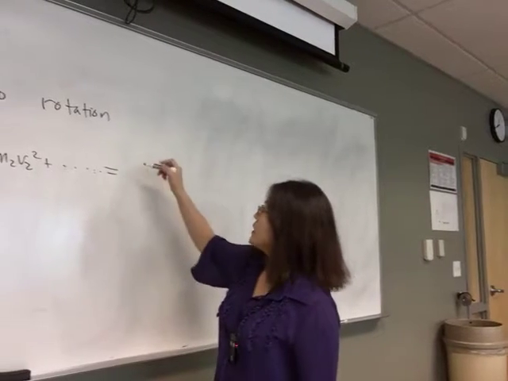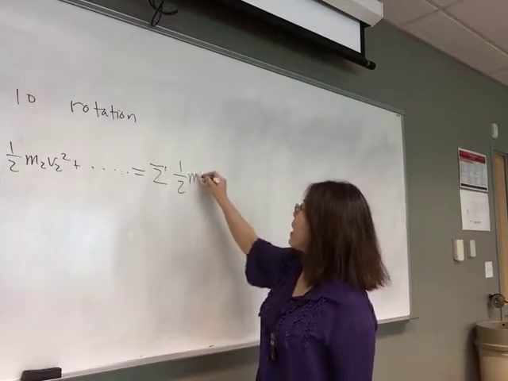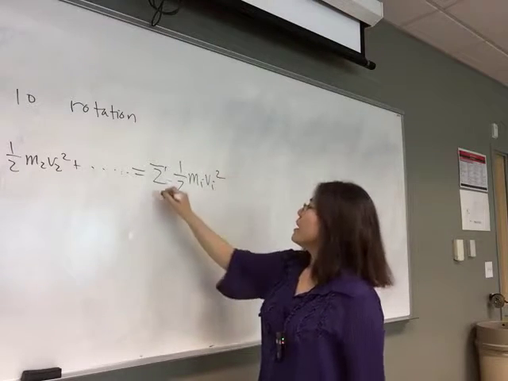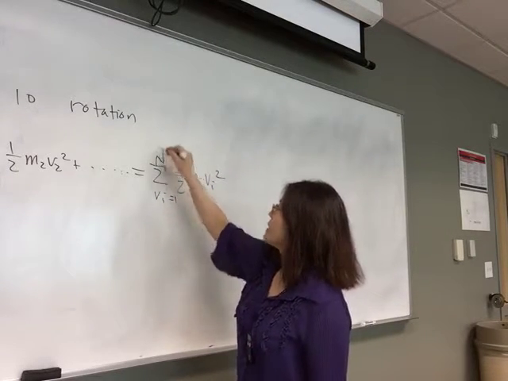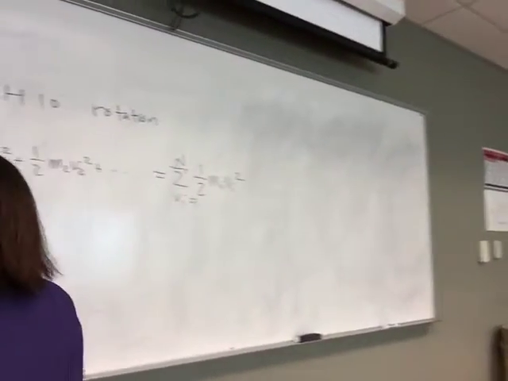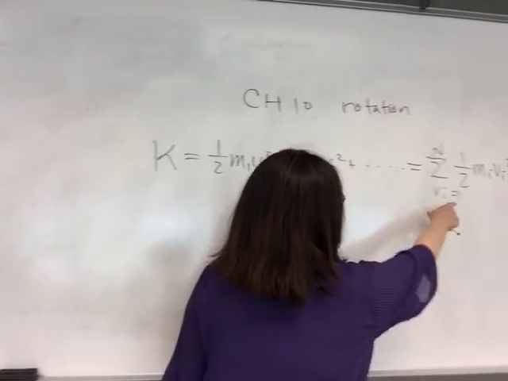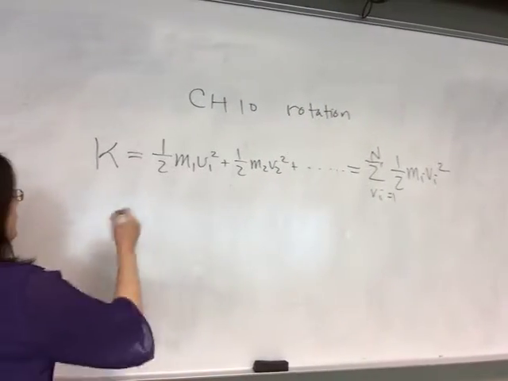In terms of math, you can say that it's the summation of 1/2 m_i v_i squared, and that of course depends on how many parts you sum up.